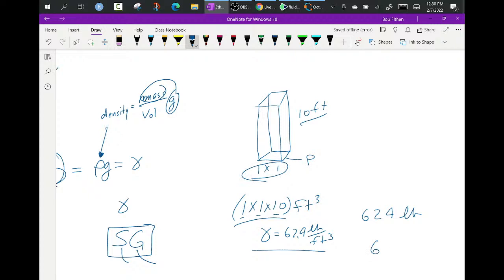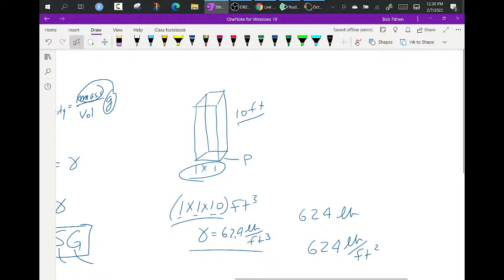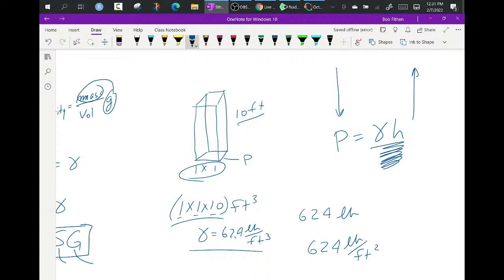So it turns out that it's 624 pounds per square foot, which comes back to the point where the pressure increases like this as I go down. I'm increasing pressure by that amount. Of course, if I come up the same amount, I decrease the pressure. But as I go down, it's heavier, it's higher pressure the deeper you go.